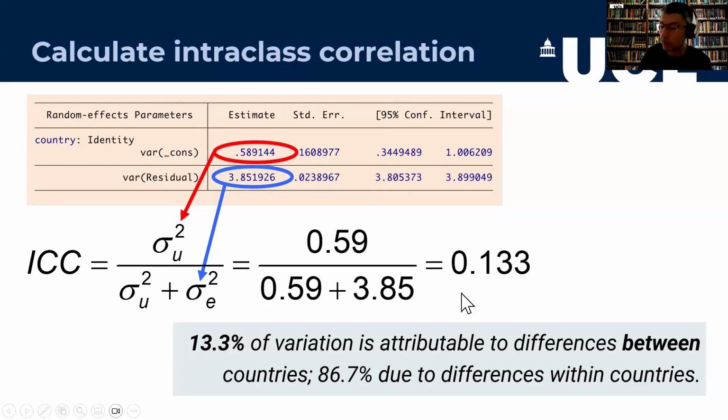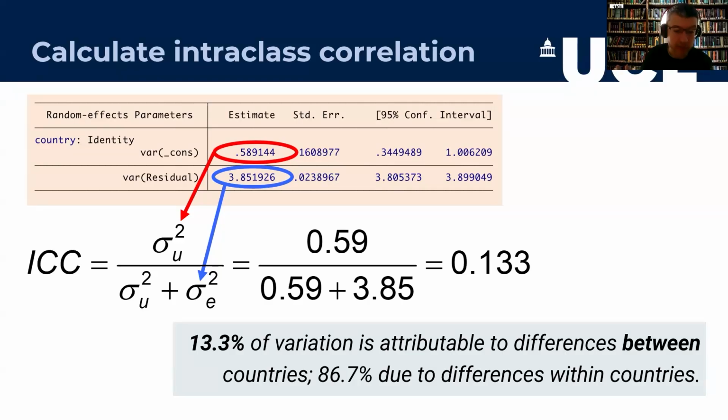And what this value here at 0.13 means is that about 13% of the variation that we observe in our outcome variable is attributable to differences between countries. So this is even without accounting for any covariates in the model.